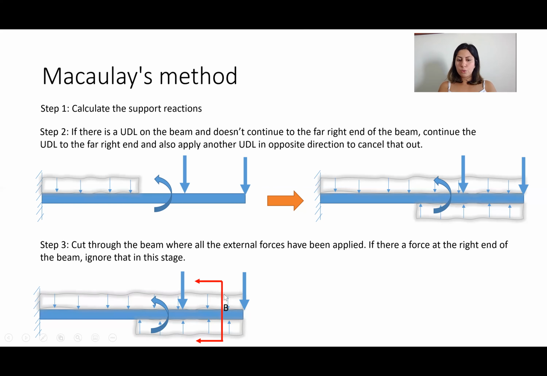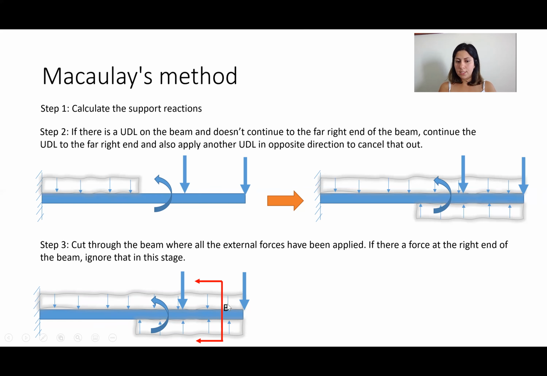When you cut through point B, you would be able to include all the loading which has applied to your beam, and you will see all of them in your equation. So it is necessary to make sure that your cut is wherever all the loading has been applied from the beginning to that point.